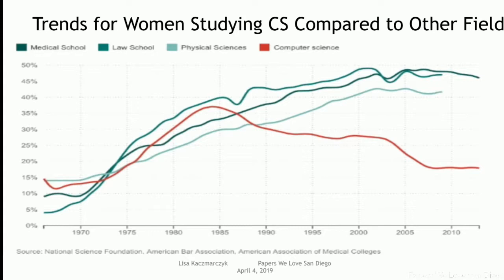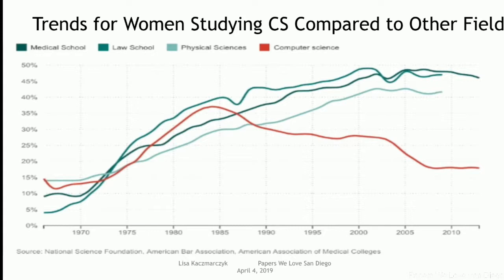And you see that the percentages of women in computer science, the red line, compared to these others, is not only lower, but all of these other fields have been going up. And this goes all the way back to before 1970. So what this is showing you is that the number of women who are going to medical school, law school, majoring in the physical sciences has pretty much gone up over time, whereas the peak for computer science for women was about 1984, and it's been going down ever since.